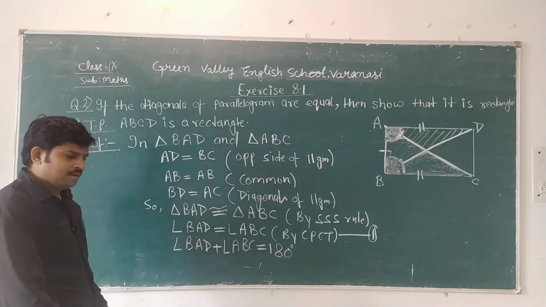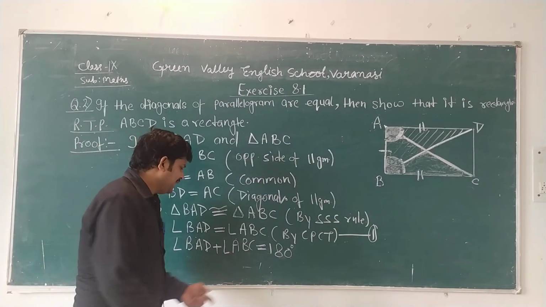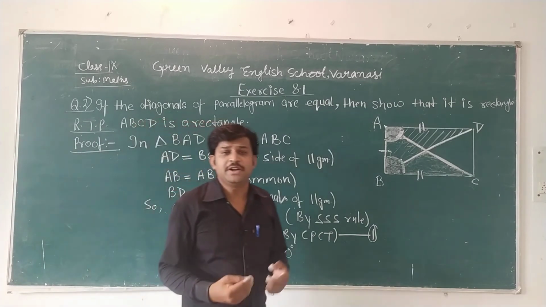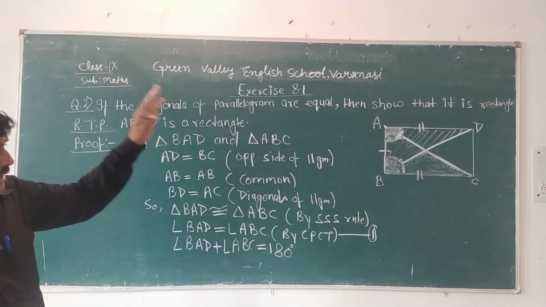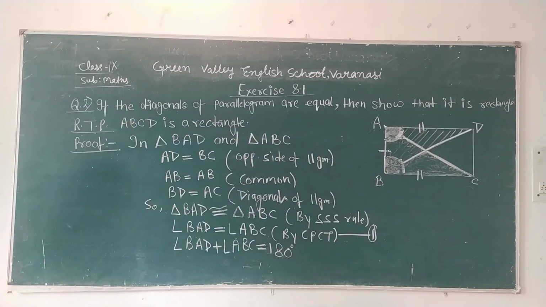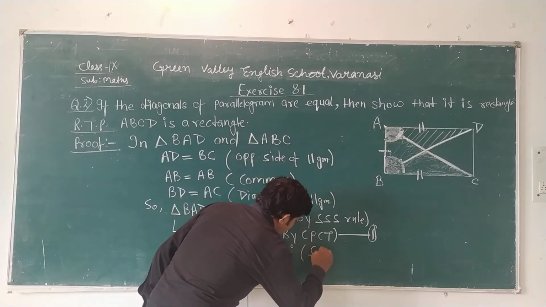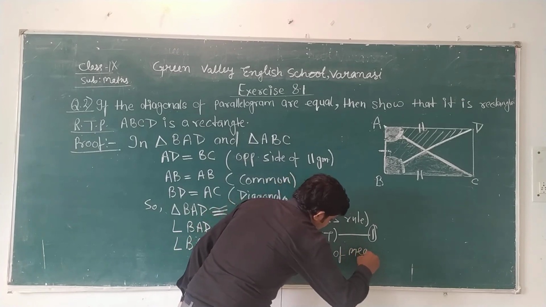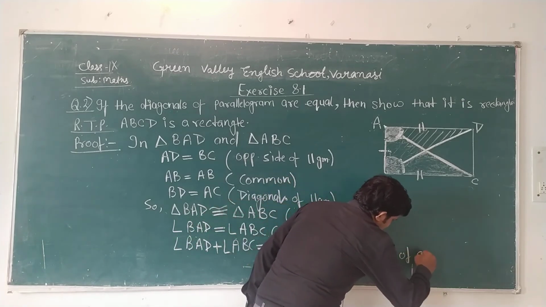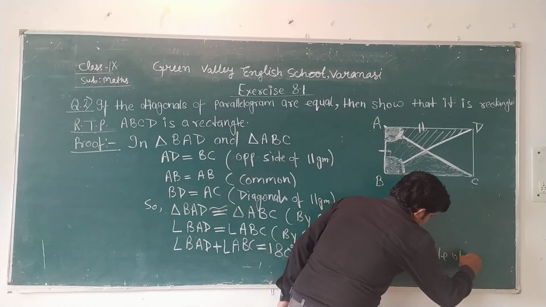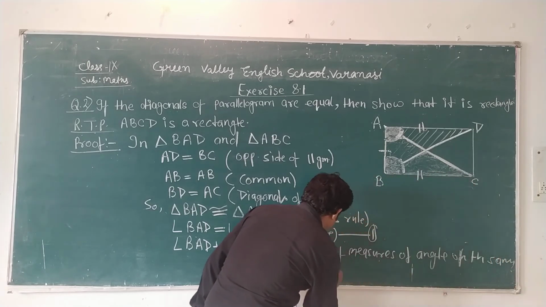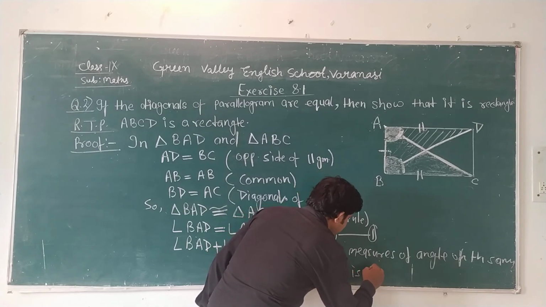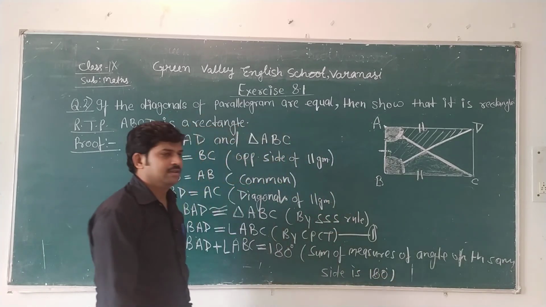But how? The sum of the measures of angles on the same side is 180 degrees.